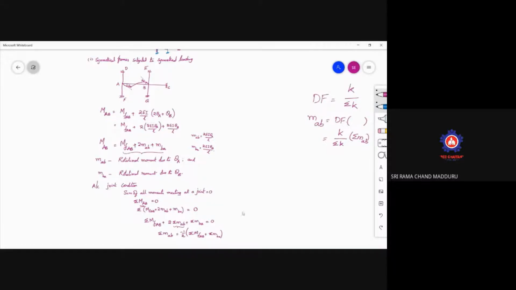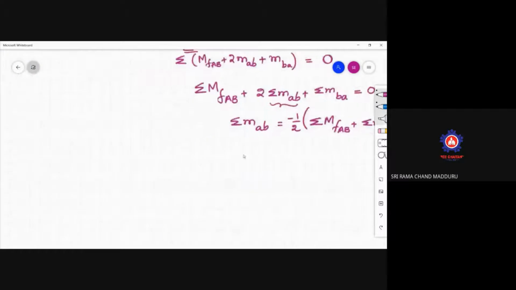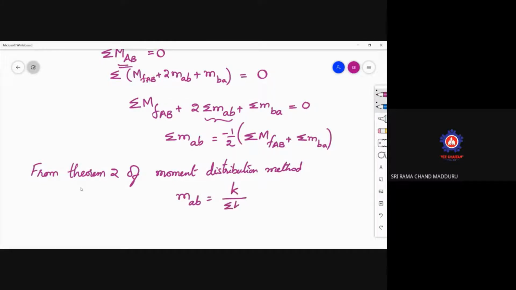So write down from theorem 2 of the moment distribution method, MAB is equal to KAB by sigma K into sigma MAB.